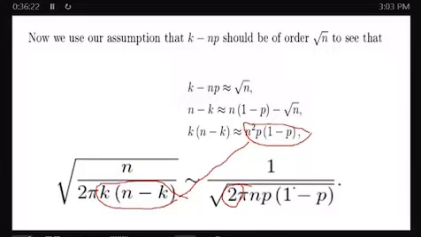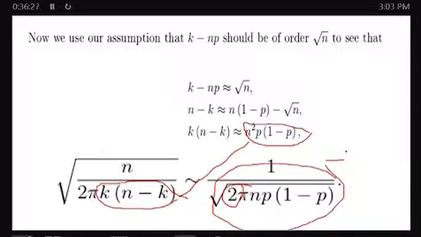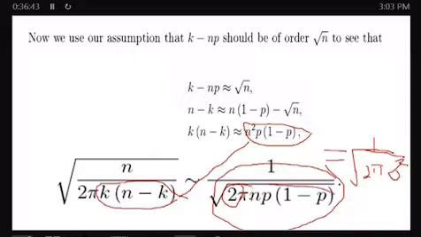Now, the moment you have this here is more or less like 1 divided by square root of 2 pi sigma squared. What is sigma squared now? The sigma squared is NP times 1 minus P. Theoretically we can derive the normal density from the probability mass function of binomial.